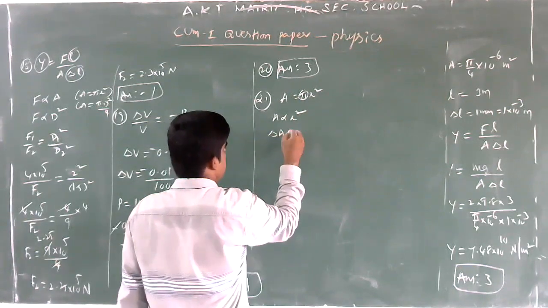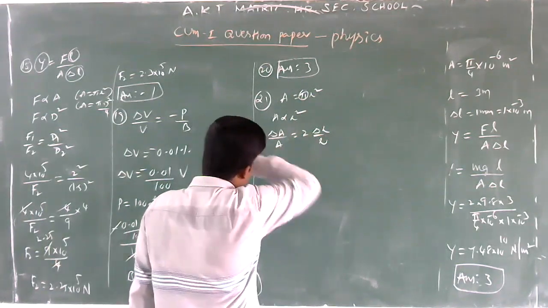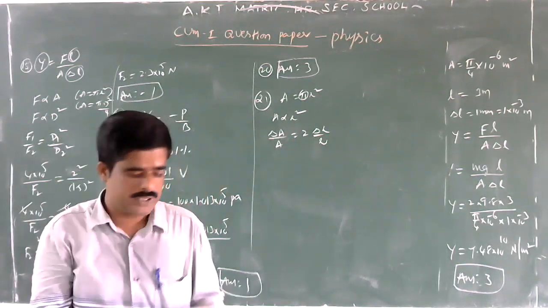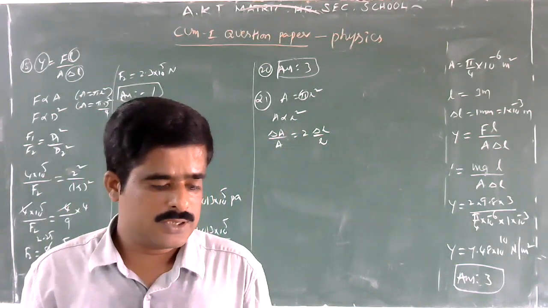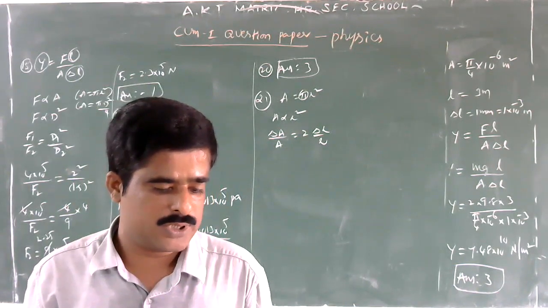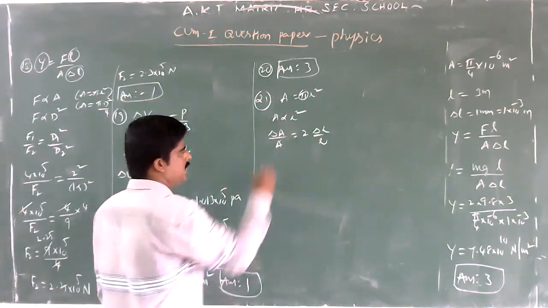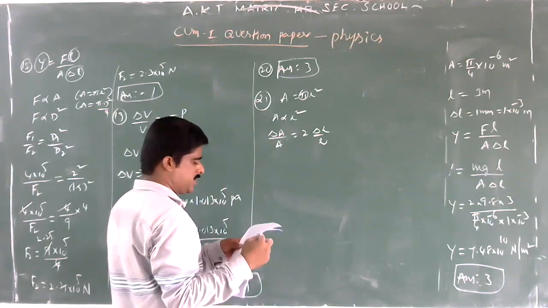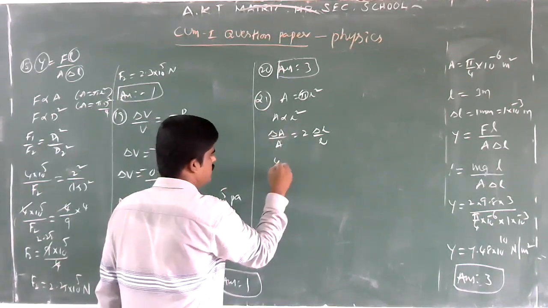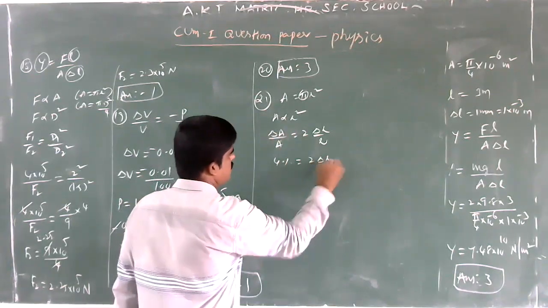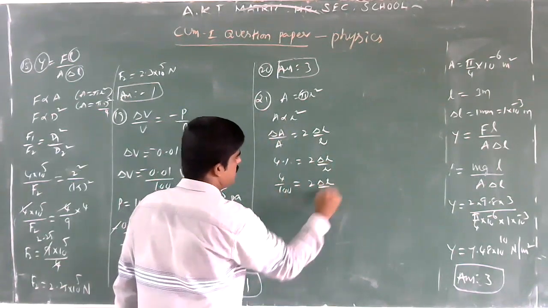Delta A by A is equal to 2 into delta r by r. Where delta r by r is given? There is a decrease in cross-sectional area by 4%. Area is not given. So delta A by A is 4%, meaning 4 by 100, equal to 2 into delta R by R.